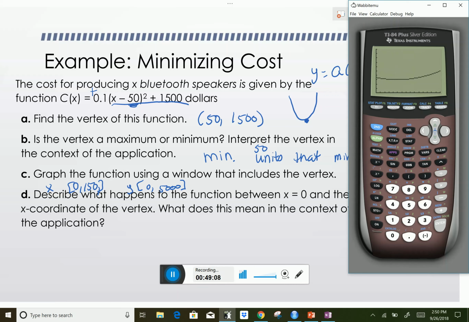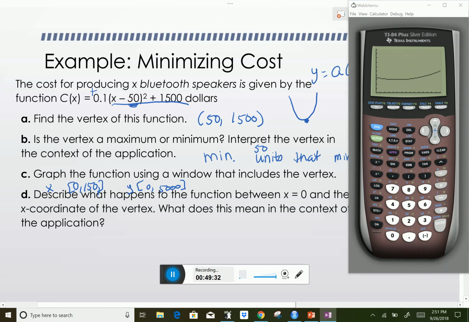There's a lot of different things I could do. There's absolutely no reason to go below 0 on either one, because neither cost nor units can go below 0 anyway. So this is the minimum cost that we can have, at 50 units. That lowers our costs the most.